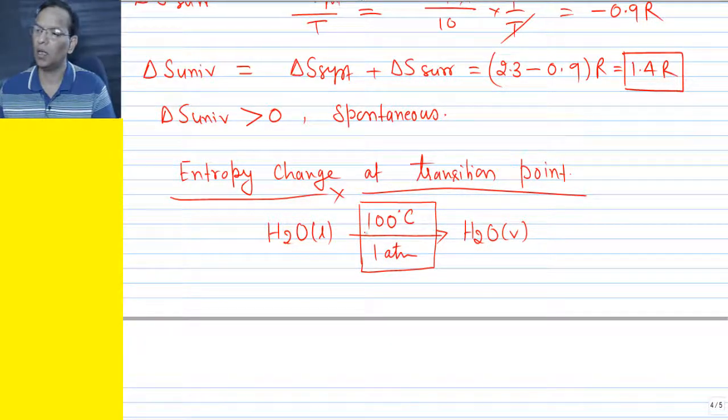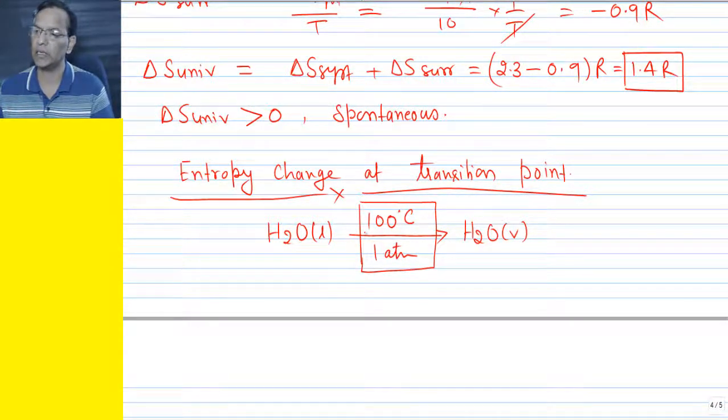If we boil water at 100 degrees Celsius, then all heat given to the water will be utilized in vaporizing water, because we are not allowing the temperature to rise. So heat given will be utilized in doing evaporation work.